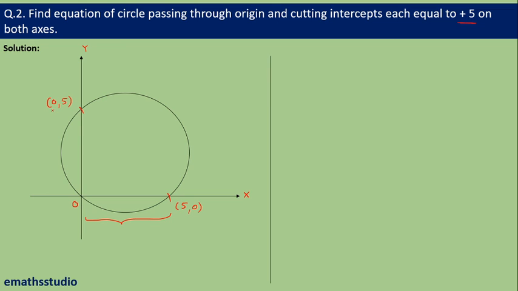It is on y-axis. Now if I join these two, say this is A and this is B, then what I come to know is this angle is 90 degree. If the angle AOB is 90 degree, then obviously we can say that AB is diameter. So A is (5, 0) I assumed, B is (0, 5).